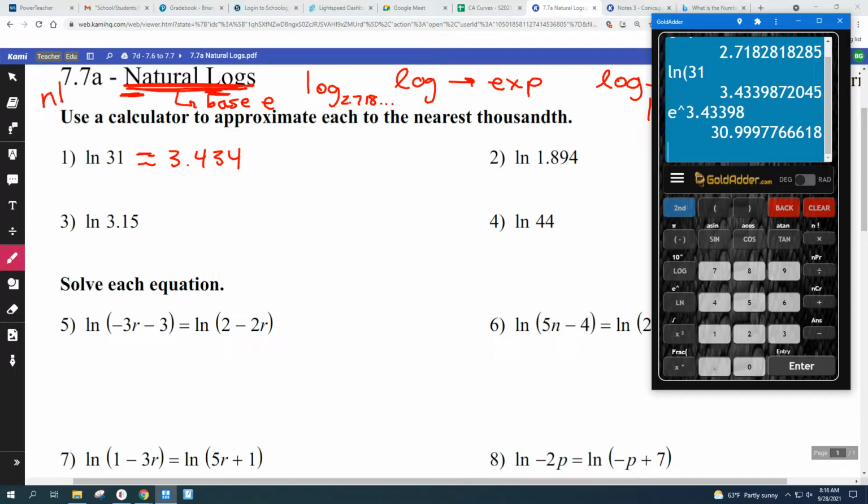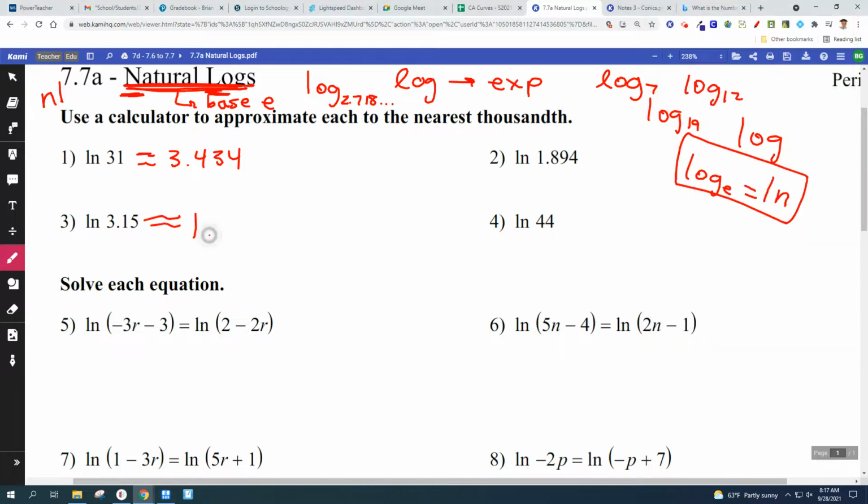The only reason it's not equal to 31 is because I rounded off, but that's your 31. We're looking for the exponent that makes 31 with a base E, of course. So then ln 3.15, the easy thing is you just have to type it in. ln 3.15, 1.147. 1.147, and again, that's the exponent that would make 3.15.